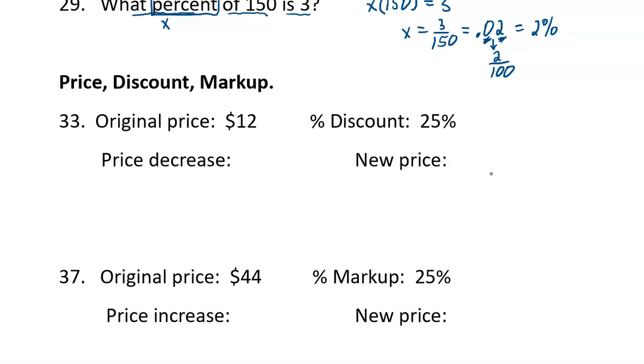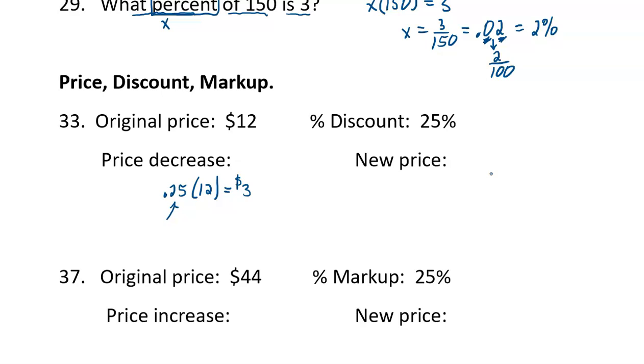What is the amount of the price decrease? We want to find 25% of the $12. Now, notice when I do this math that I'm just automatically taking 25% and writing it in its decimal version. So 25% of 12 is 3, or $3, because we're working with money.